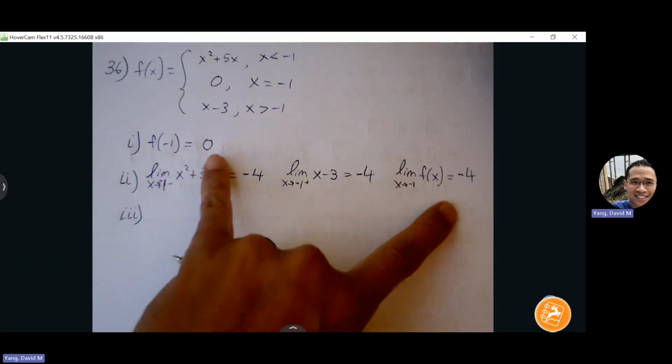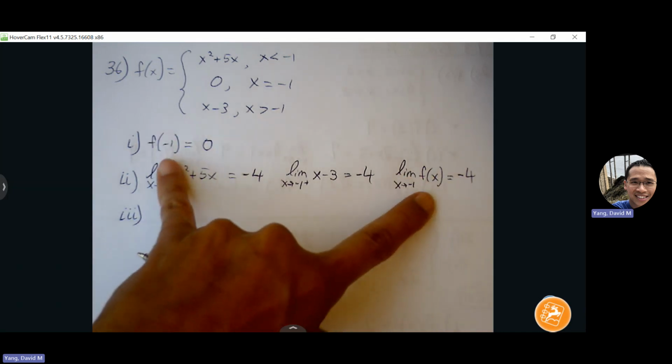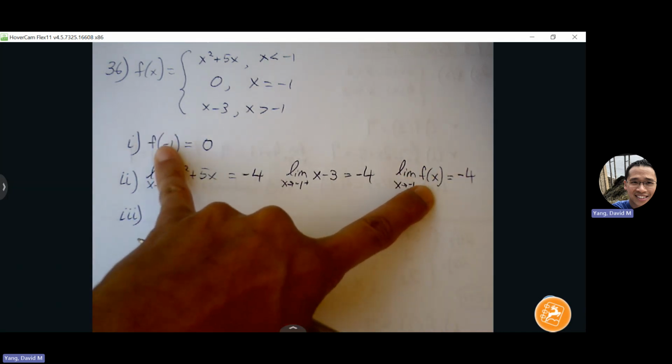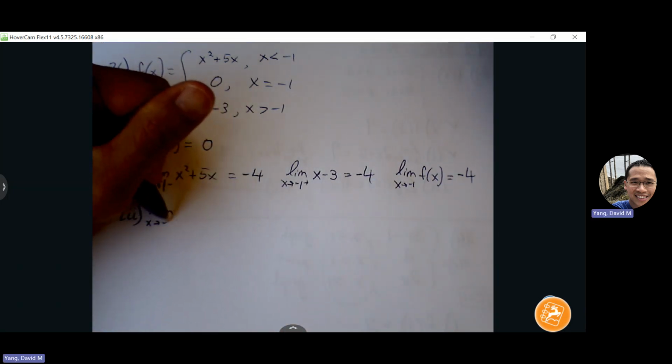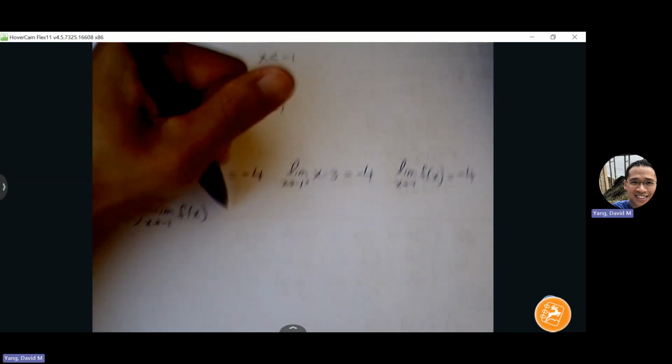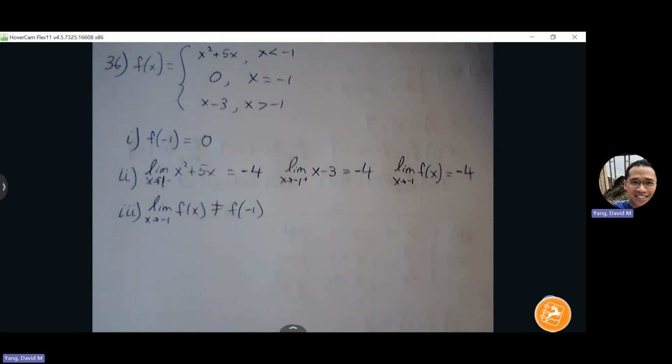Fails, right? As justification, we're not going to say 0 doesn't equal -4. We're going to say that these are not in agreement. We'll talk about where they're coming from and say they're not in agreement. So we'll say the limit as x approaches -1 of f of x does not equal f of -1. That's how I want you to write it.